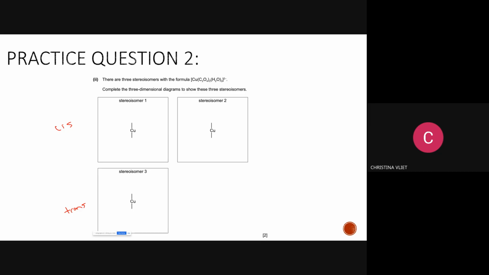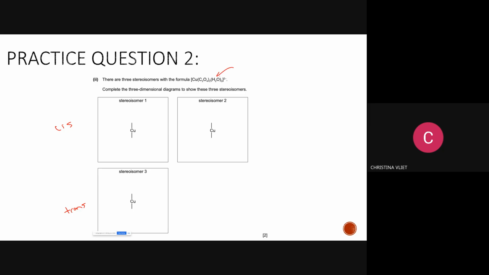So I would actually start by writing the trans though, because I think that's easiest. So how would I write the trans here? What would be the ligand that's trans here? What's the ligand that's either going to be cis or trans to each other? The C2O4 or the H2O? Nope.